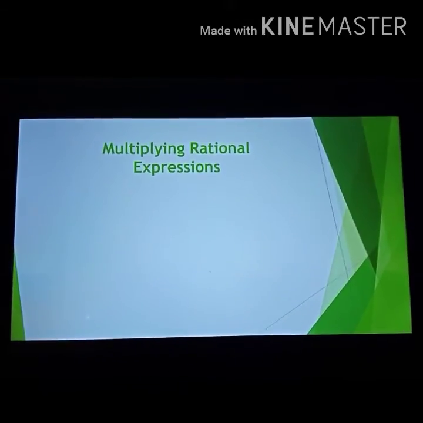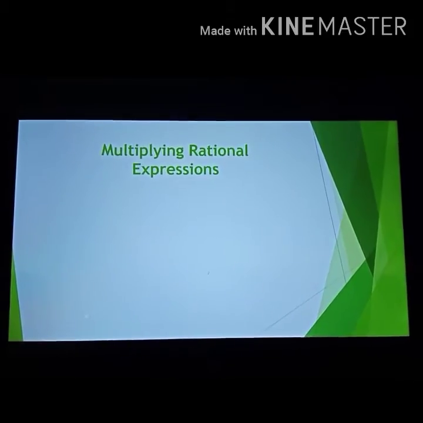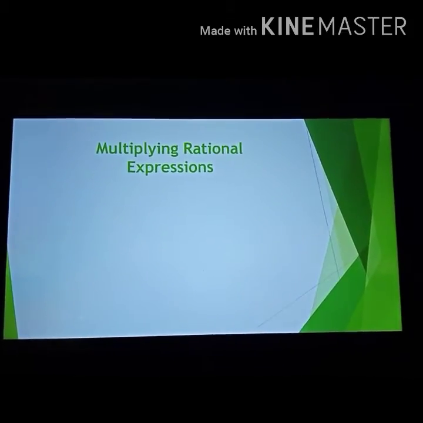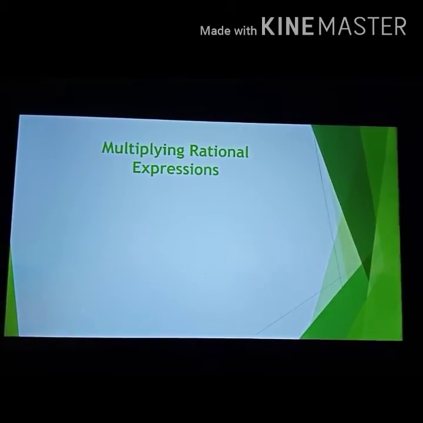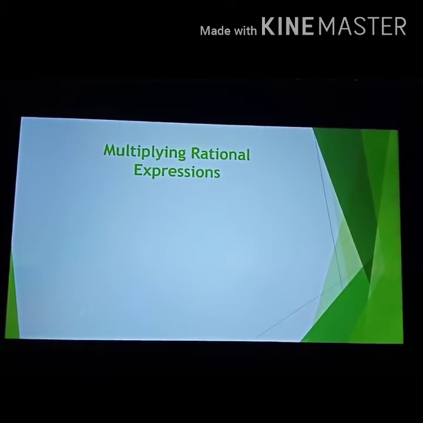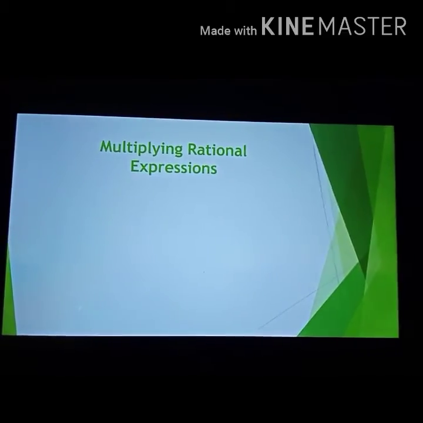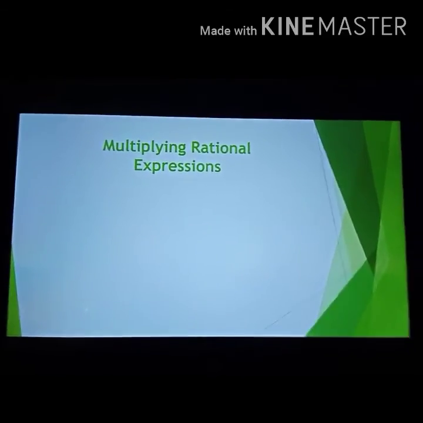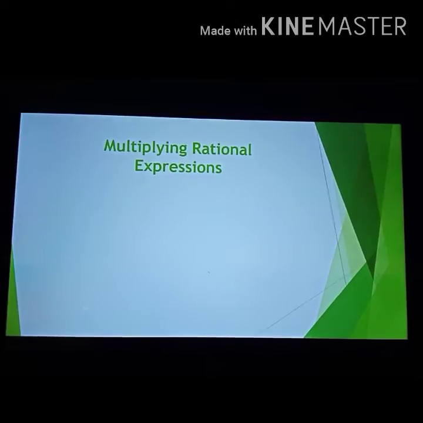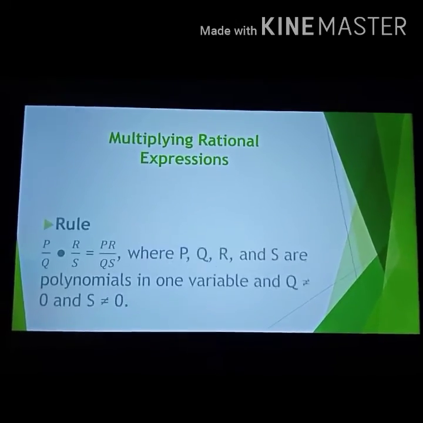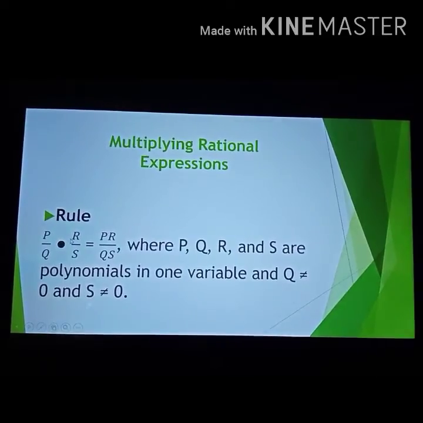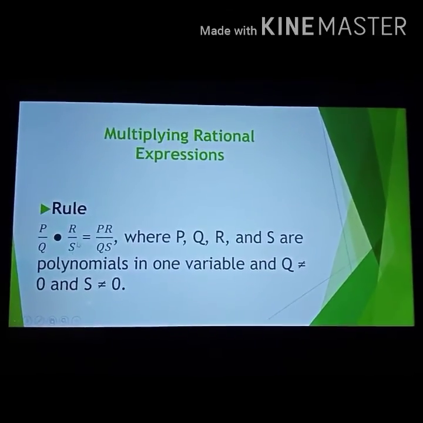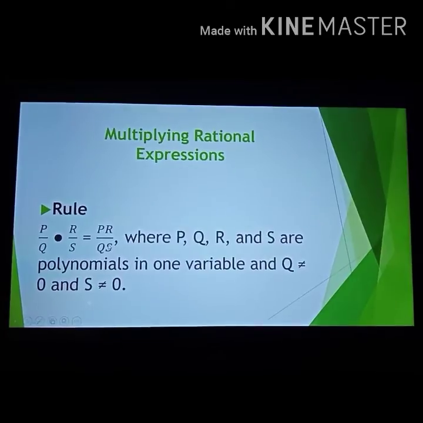In multiplying rational expressions, it is very simple. What we're going to do is just multiply the numerators together, multiply the denominators together, and then simplify. If necessary, we may use the rule P over Q times R over S, which is equal to PR over QS.